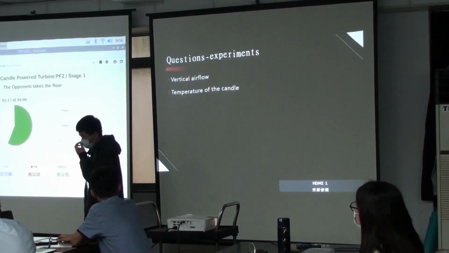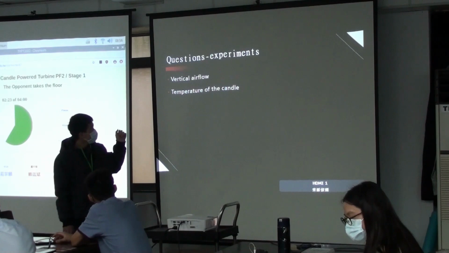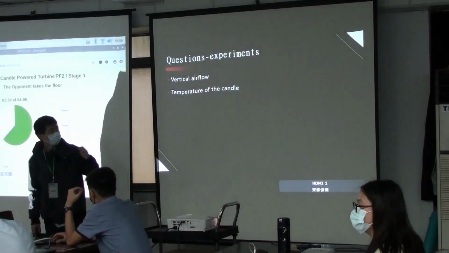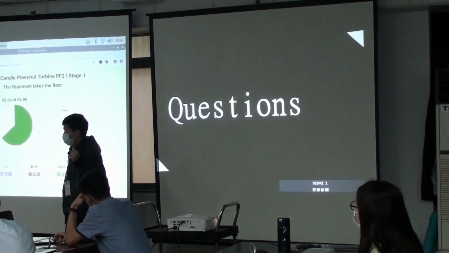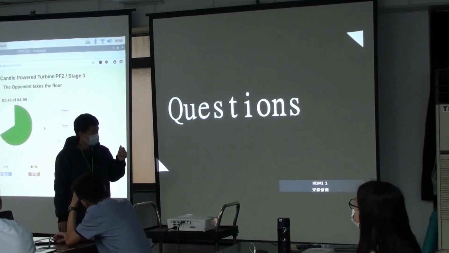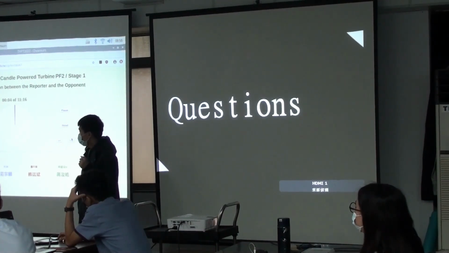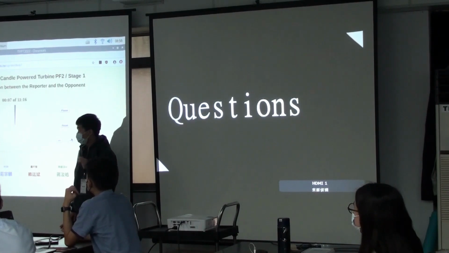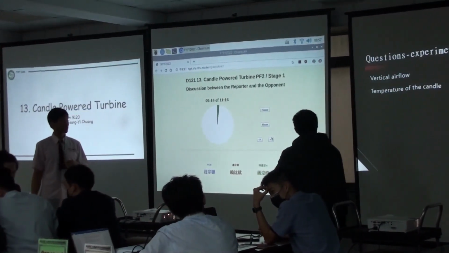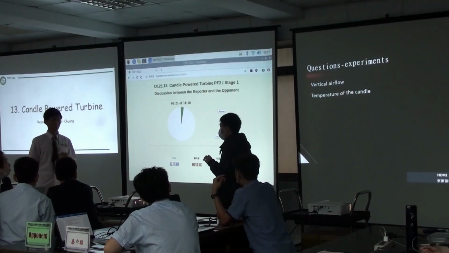Our question is, in this situation, you use a box to stop the airflow of the horizon.